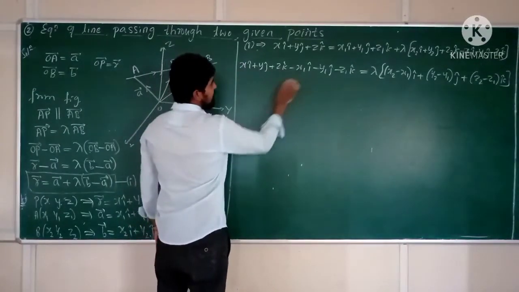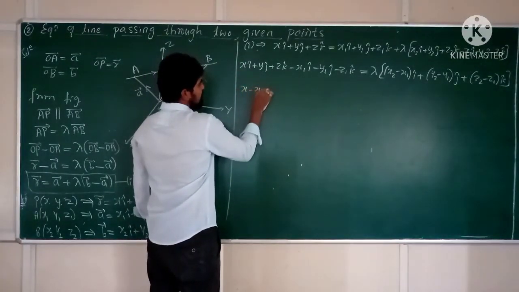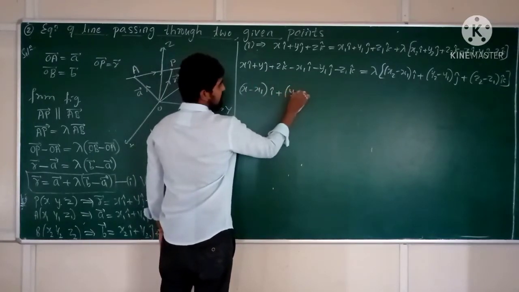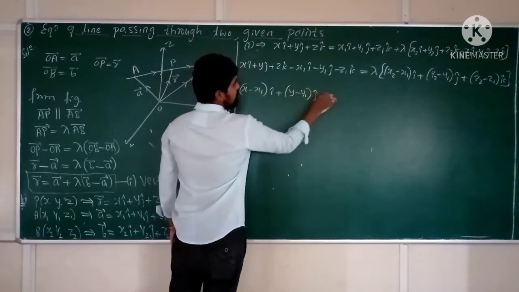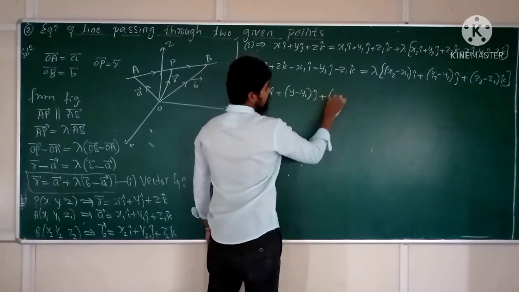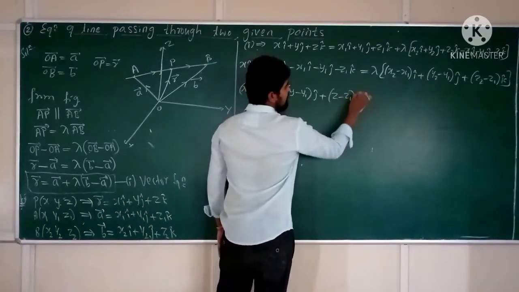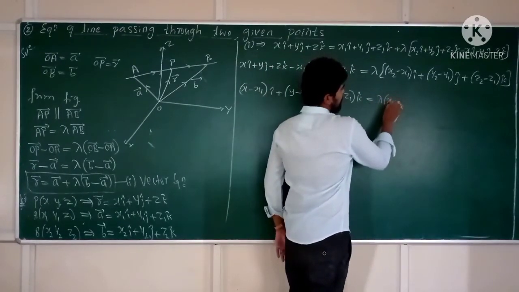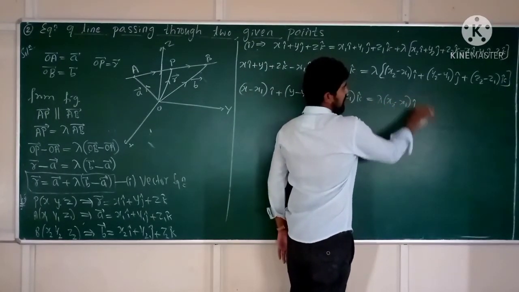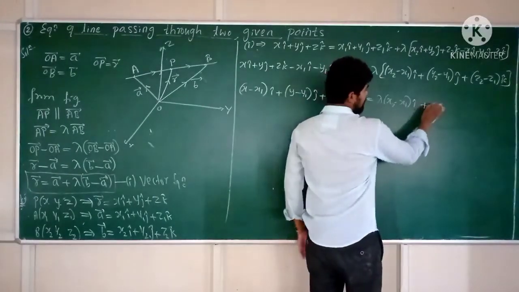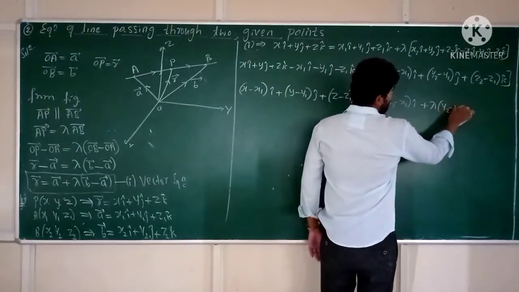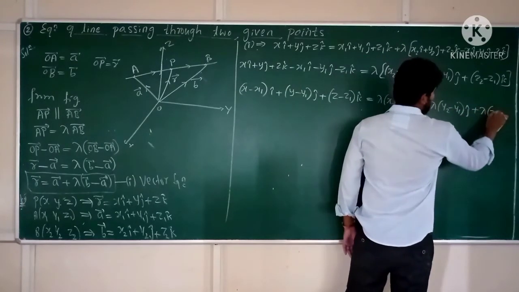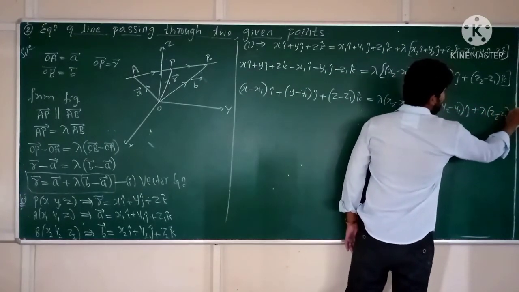So here also xi minus x1i can be written as x minus x1 i plus y minus y1 j plus z minus z1 k is equal to lambda times of x2 minus x1 i plus lambda times of y2 minus y1 j plus lambda times of z2 minus z1 k.